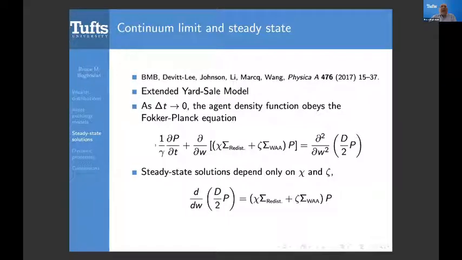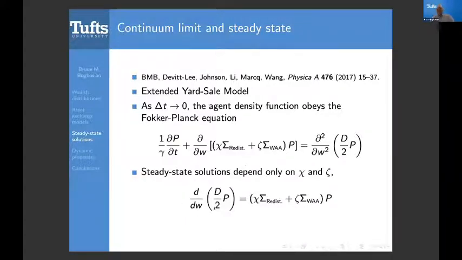One can derive a Fokker-Planck equation for this process. Chi and zeta appear in the drift term of the Fokker-Planck equation. That gamma that you saw in the initial Chakraborty model determines the time scale and sits in front of the delta t term. To find a steady state of this, you would set dP/dt equal to 0 and then integrate once in W to get an ordinary differential equation.